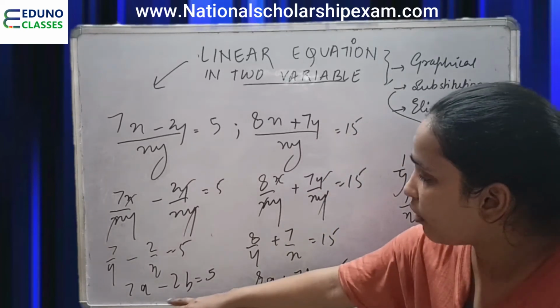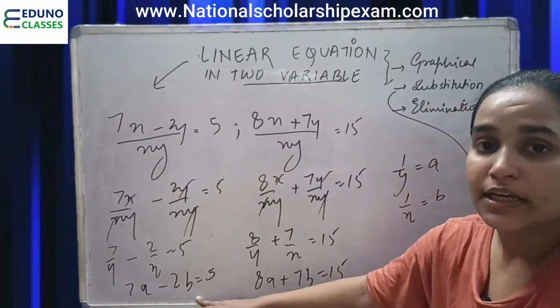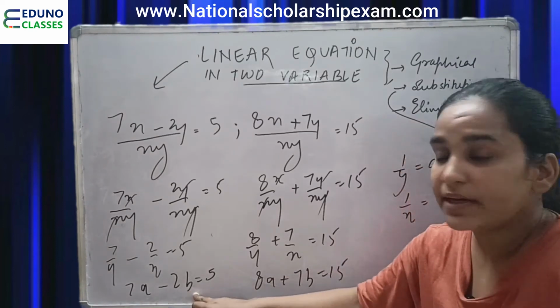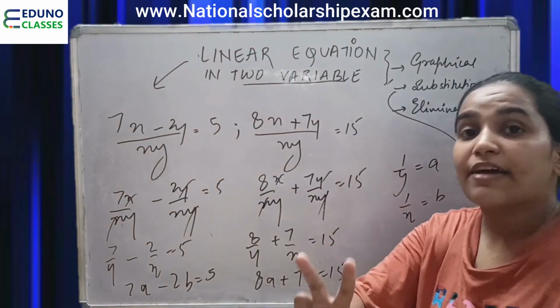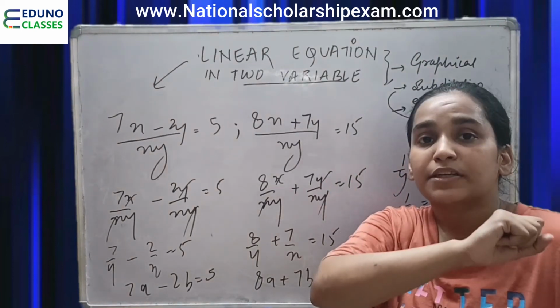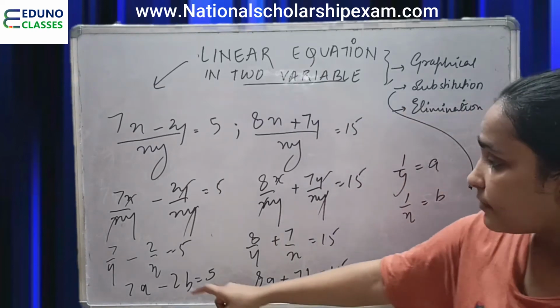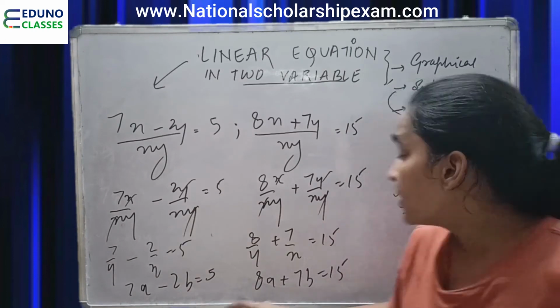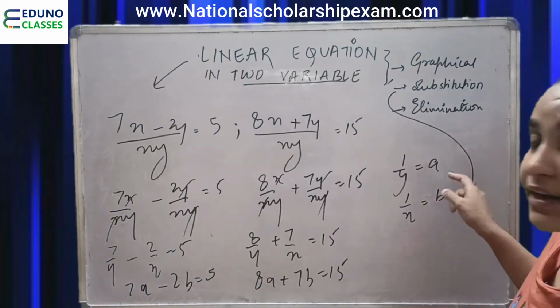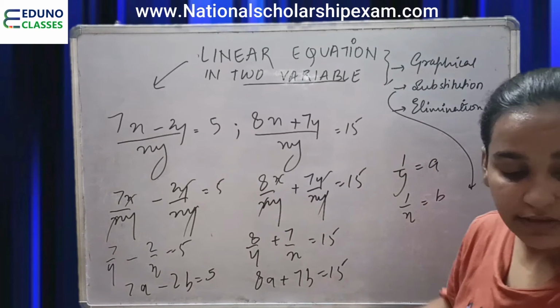Now if we are able to solve this equation, then we will get the values of a and b and we will substitute the values of a and b to get x and y. Here we have done double substitution. First we replaced 1 by y by a and 1 by x by b, and then a and b are again replaced here so as to get the values of x and y.